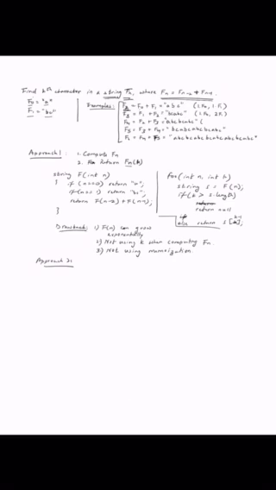F4 has, let's see, two f0s and three f1s in it. F5 has three f0s and five f1s in it. And f6 has five f0s.